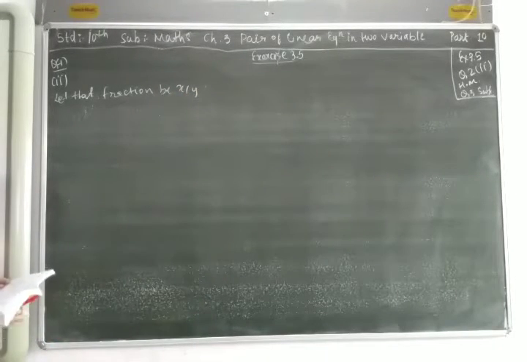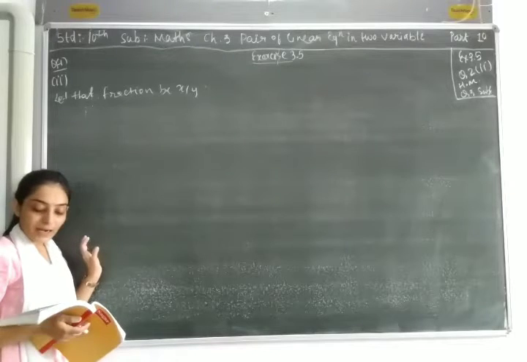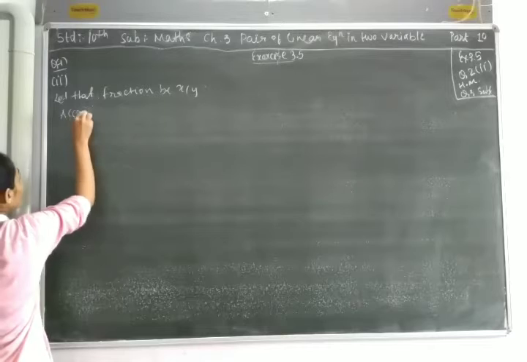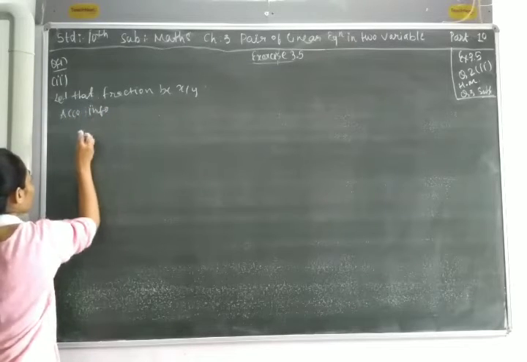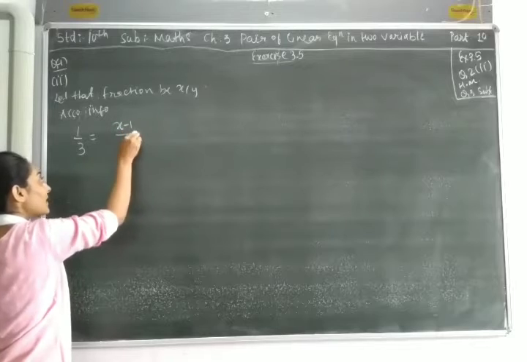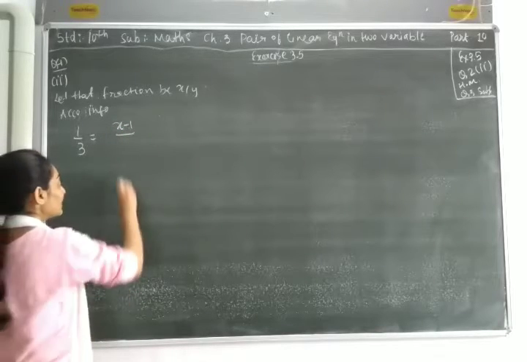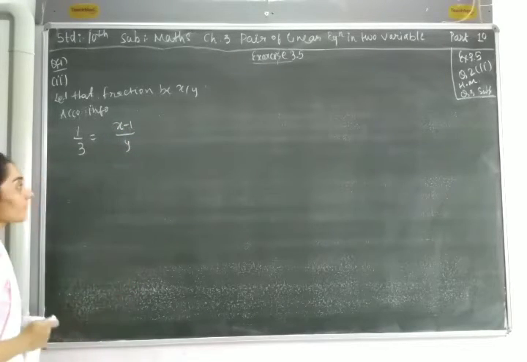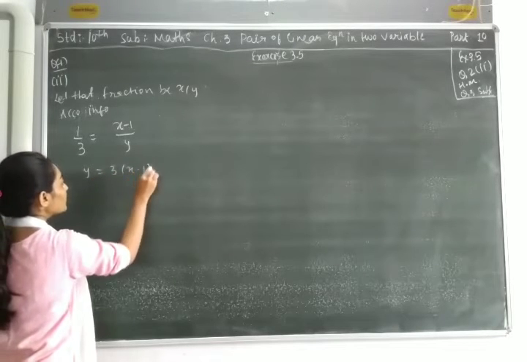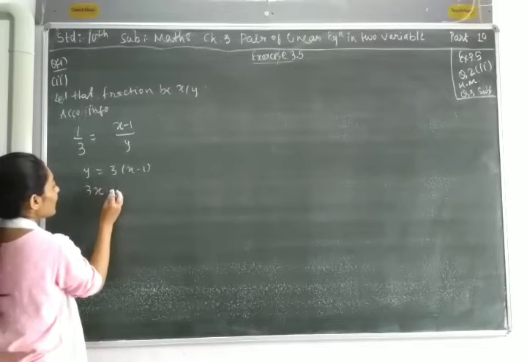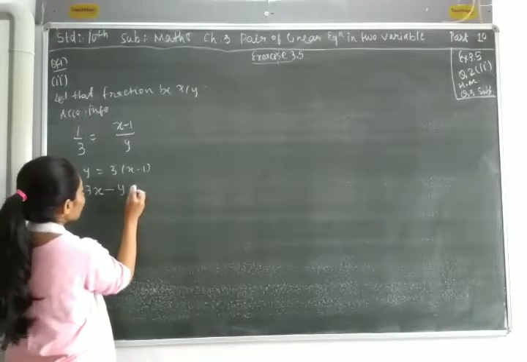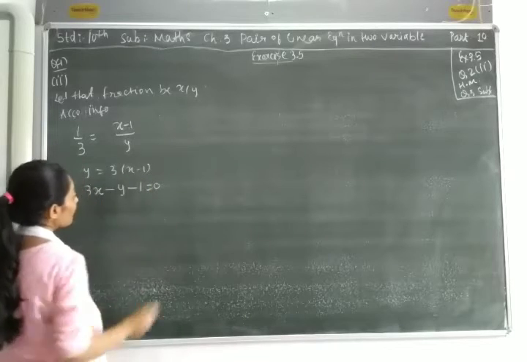So the question says 1 is subtracted from the numerator. So according to the information, it became 1/3 when 1 is subtracted from the numerator. Now, so y into 3, x minus 1. So 3x minus y minus 1 equals to 0.